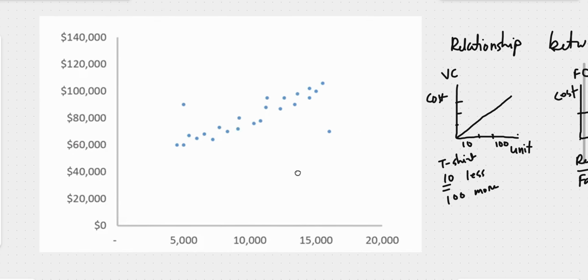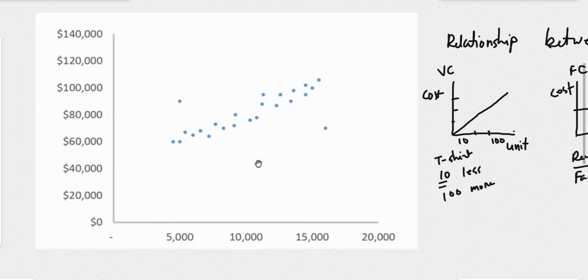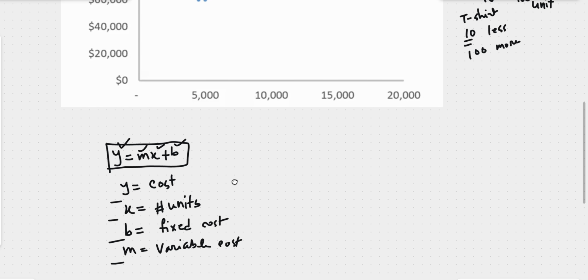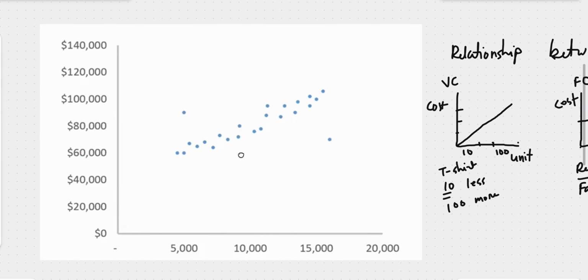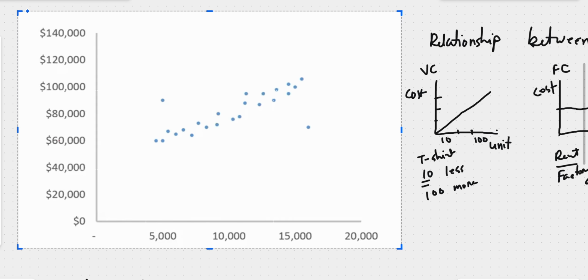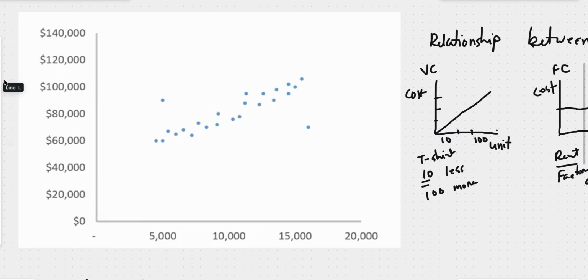In your final term question paper, a scatter plot will be given, and the question will require you to find the cost, Y. It will tell you to find Y. It will also give you the number of units. Okay, let's just start the problem, then it will automatically be understood.